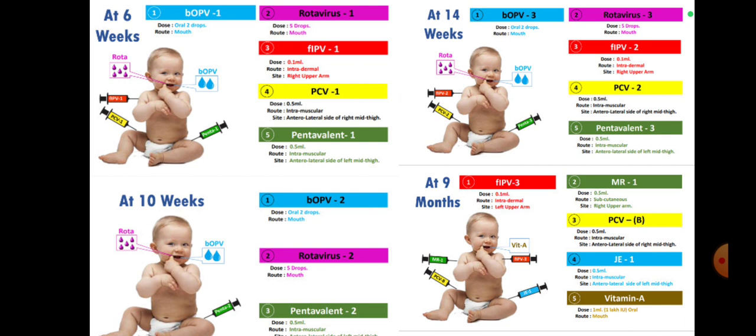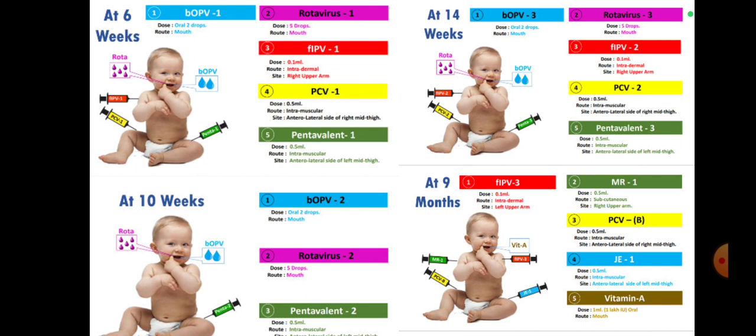Route is intradermal and the site is right upper arm. Next vaccine PCV second dose. Dose is 0.5 ml intramuscular anterolateral side of right mid-thigh. And the pentavalent third dose 0.5 ml intramuscular anterolateral side of left mid-thigh.